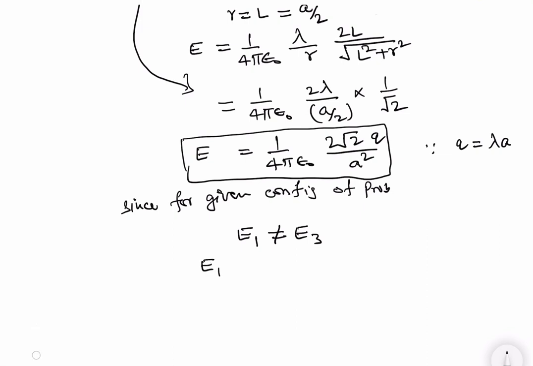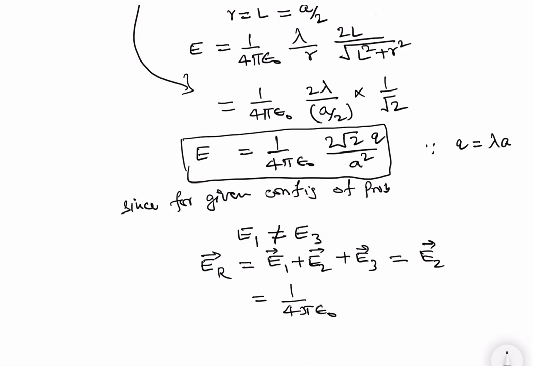Therefore, the resultant ER is equal to E1 plus E2 plus E3, which is equal to E2 only, and that is equal to 1 by 4 pi epsilon naught, square root 2 q by a square, along OP.